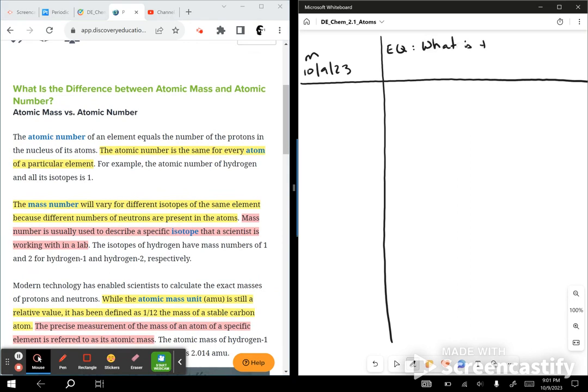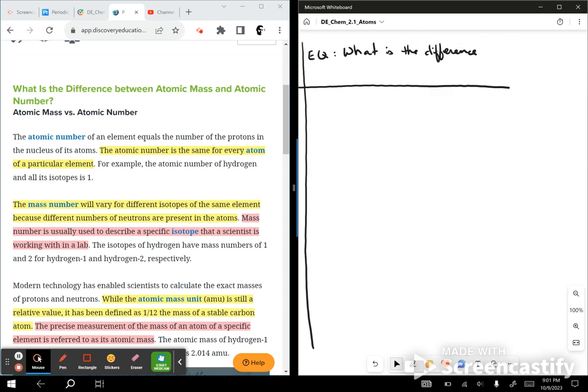What is the difference between atomic mass and atomic number?